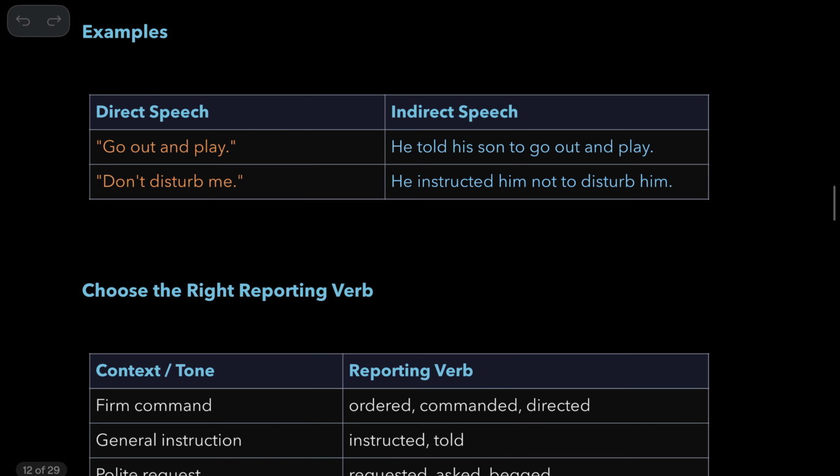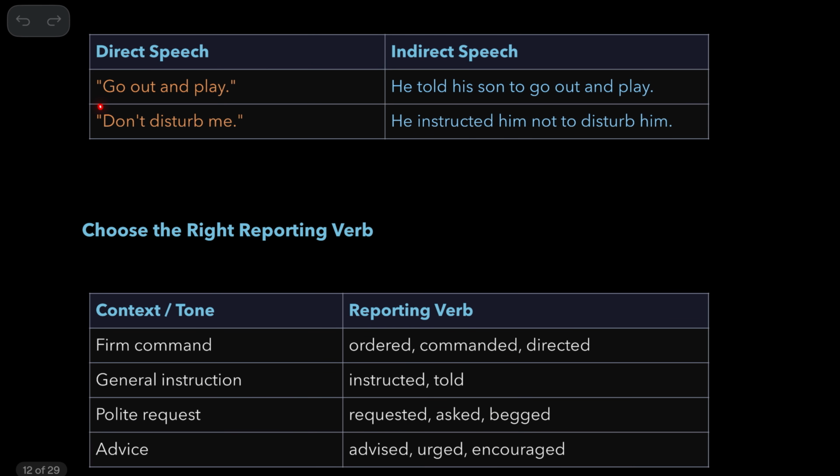And take a look at some examples here. Go out and play. He told his son to go out and play. Don't disturb me. He instructed me not to disturb him. Now you need to choose the right reporting verb.